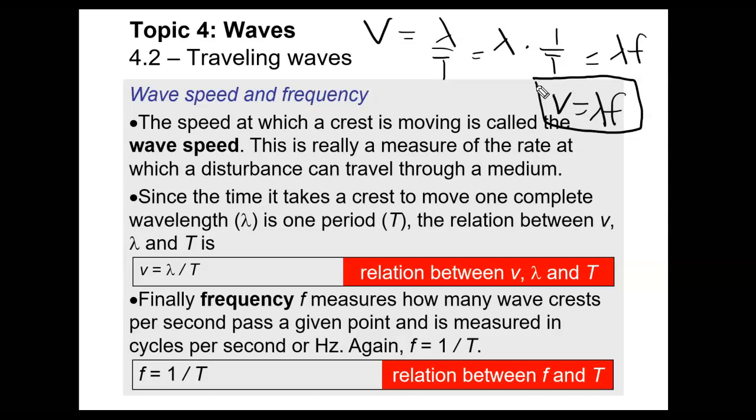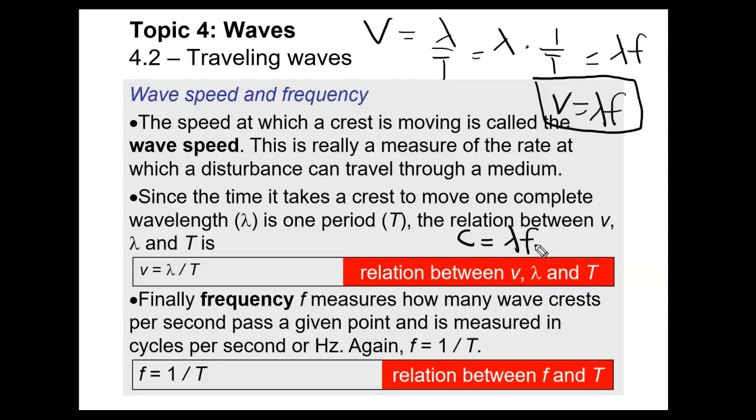Now, for reasons which I don't really understand, this is not how this equation is written in the data booklet. In the data booklet, this equation is written as c equals lambda times f, which I really don't like because c is the speed of light in a vacuum, which is the speed of an electromagnetic wave.